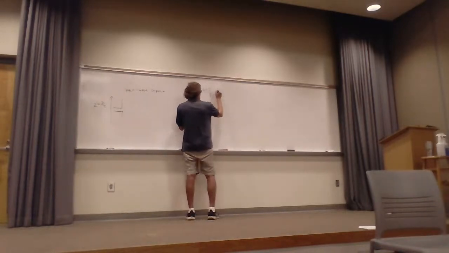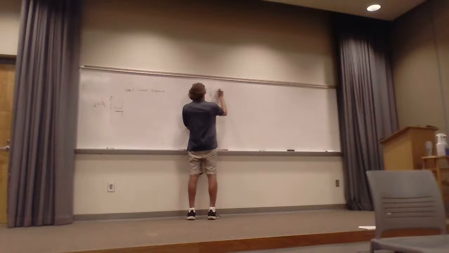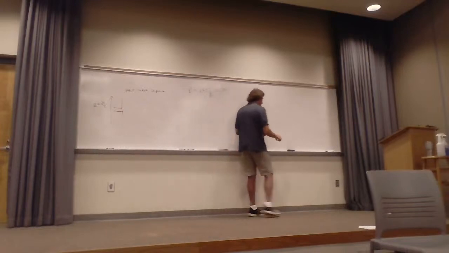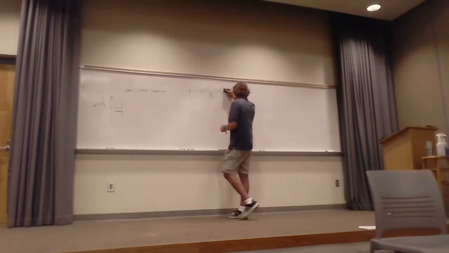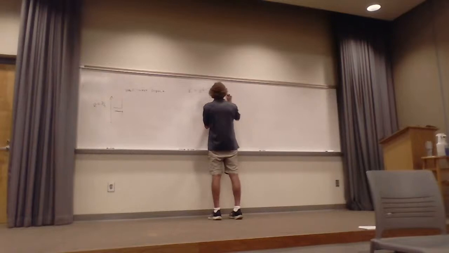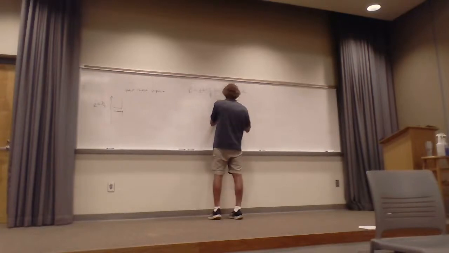Then it's going to be times the cosine of beta L over 2, and really it's cosine of pi over 2. I'll get to why that's the case in a second. Cosine of pi over 2 cosine theta, all over the sine of theta.